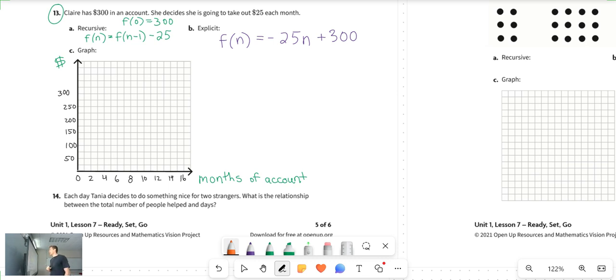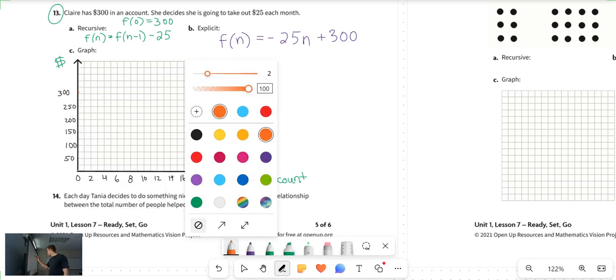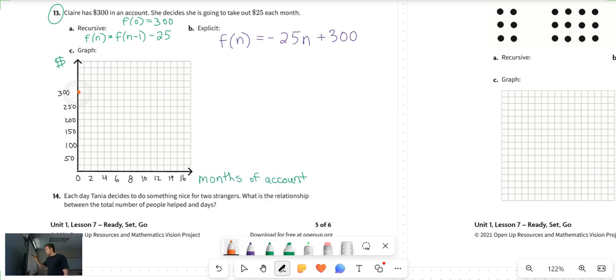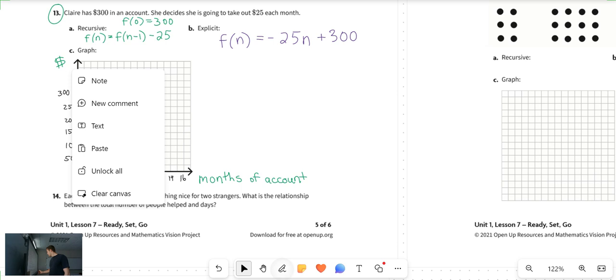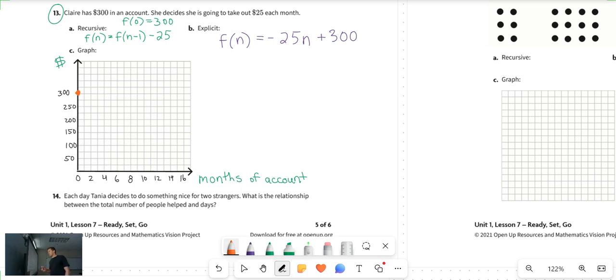Now for the graph. Let's add points here. So the first point should be straightforward. Her account at 0 months in, oh, that's not quite right. Let's make this a little bit bigger, maybe make it a 3, that's fine, right? So 0 months in, she's at $300. Then after 1 month, she should have lost $25.